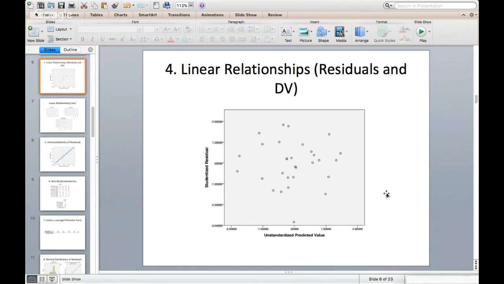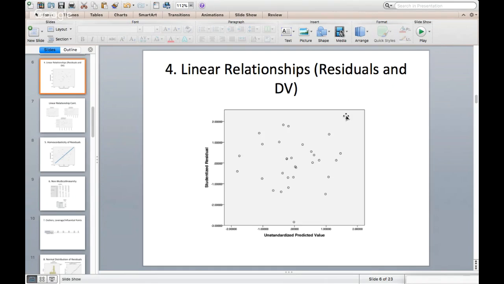So we're going to look at assumption 4. This looks at the linear relationships between the residuals and dependent variables. We have residuals right here, and then the unstandardized predicted. Like I was saying, R would have been nicer as far as the graphs because it's consolidated, but this is an overall relationship.